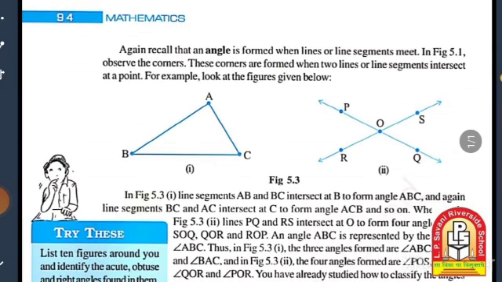Again recall that an angle is formed when lines or line segments meet.